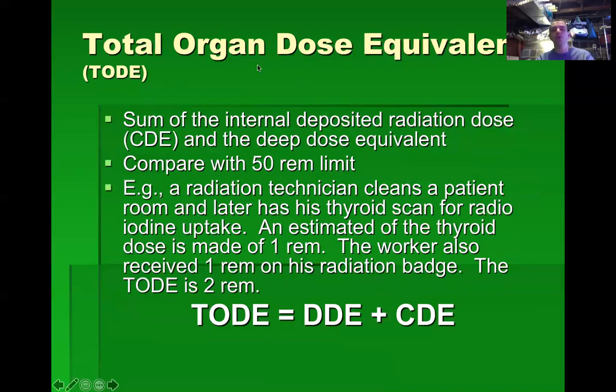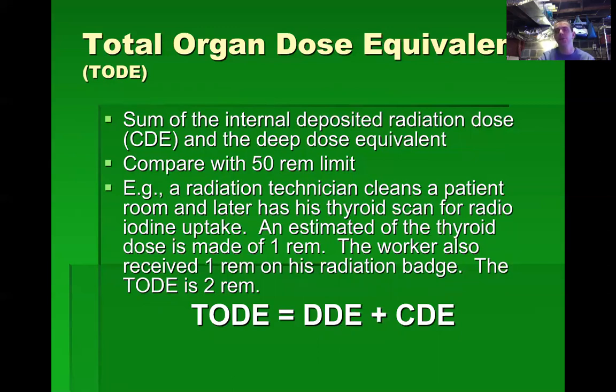Now, when you talk about the total organ dose, remember that committed dose is for internal exposure. You may also have some external exposure that, for the most part, irradiates your body a little more uniformly than something kind of moving around inside of your body. So your total organ dose equivalent would be that committed dose equivalent of the organ plus the actual deep dose you get, which is generally whatever your dosimeter reading is.